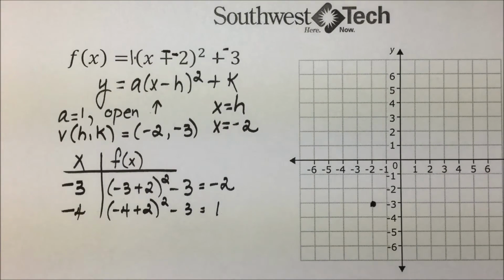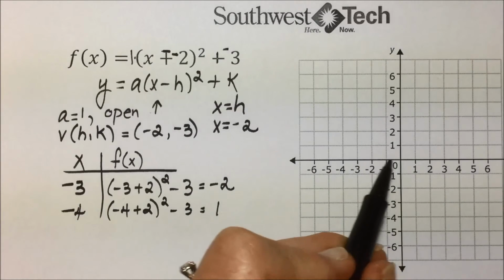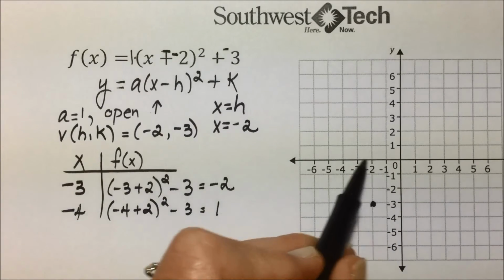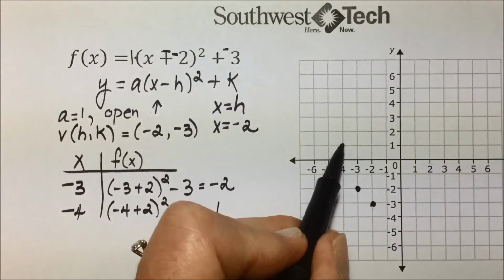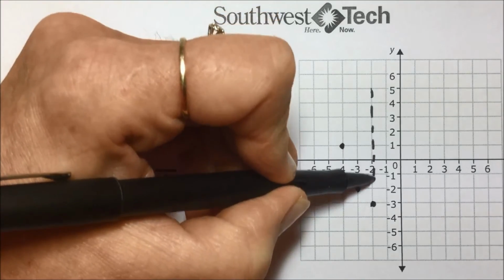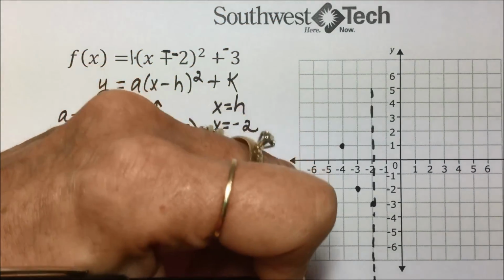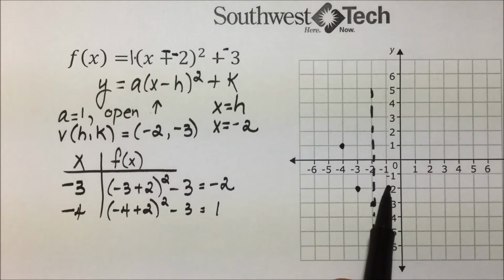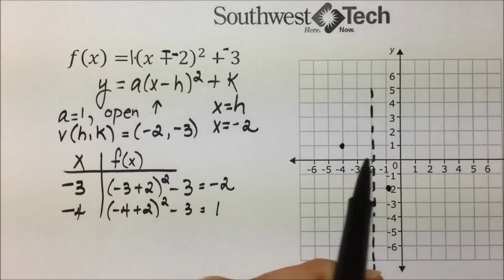Plotting these values, we have (-3, -2). We have the point (-4, 1). Our axis of symmetry is going through our vertex. With the use of the reflective property, we're 1 away from our axis of symmetry here, so we would be 1 away on the other side.